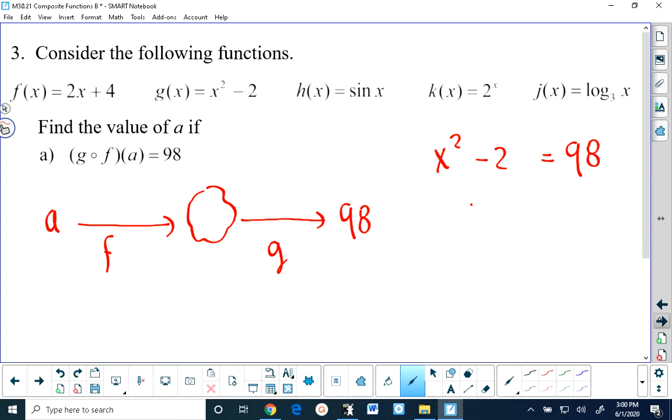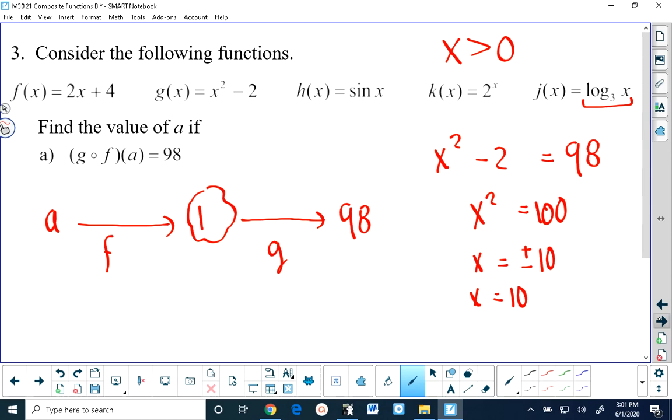I'm going to add 2 to both sides and get x squared equals 100. And now I can take the square root and say it's equal to plus or minus root 100, which is plus or minus 10. And I want to put a condition on here, everybody, that x must be positive in all of these questions. The reason is there is a logarithm of x in the question. So we can ignore the negative and say x must be 10.